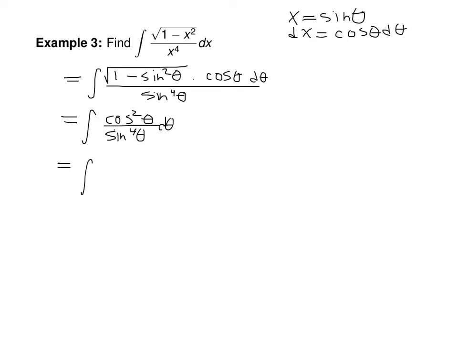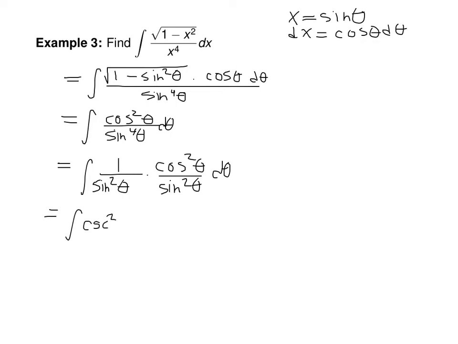What you do here is break up that sine to the 4th into 1 over sine squared of theta multiplied by cosine squared theta over sine squared theta. And 1 over sine squared theta is cosecant squared of theta, and cosine over sine is cotangent squared of theta.